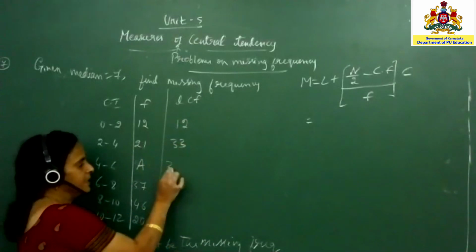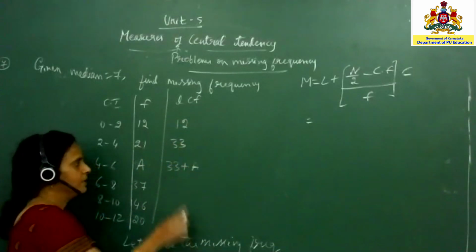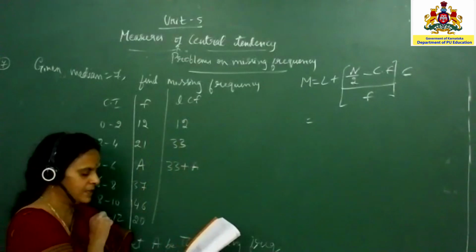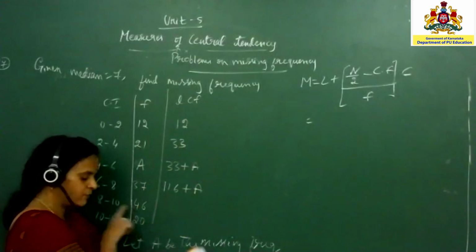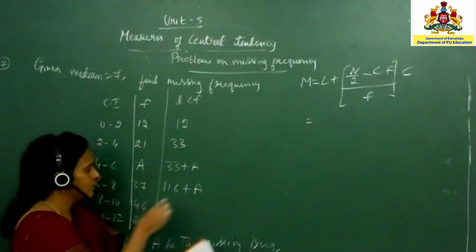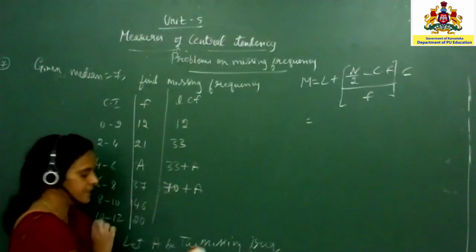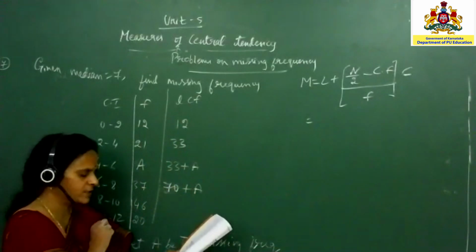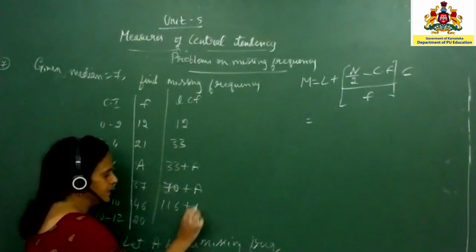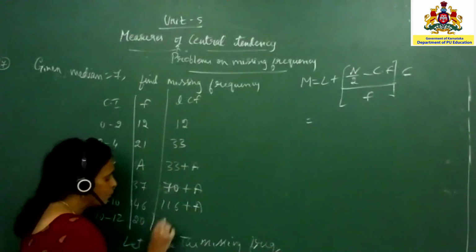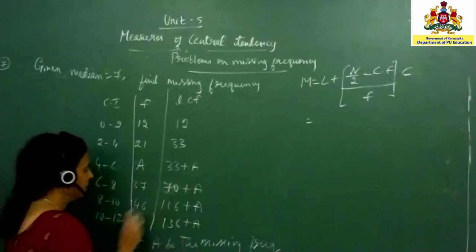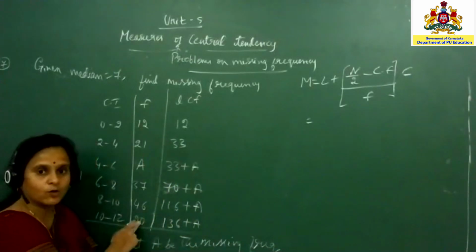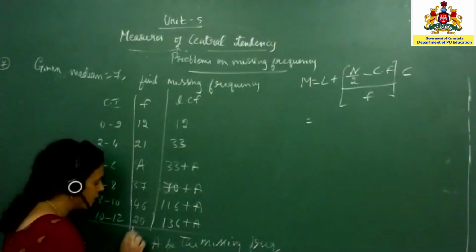So 33 plus A. So 33 plus A plus 37, you'll be getting 70 plus A. Okay, so 70 plus A plus 46, we are getting 116 plus A. Plus 20, 136 plus A. Right? And here, if I just add up the second column, here also I will be getting 136 plus A.